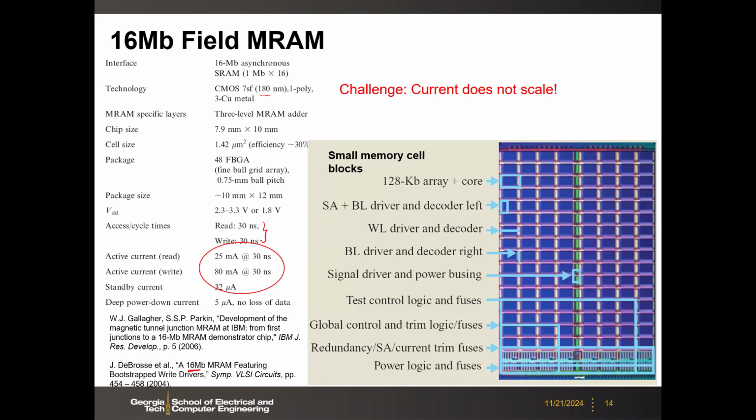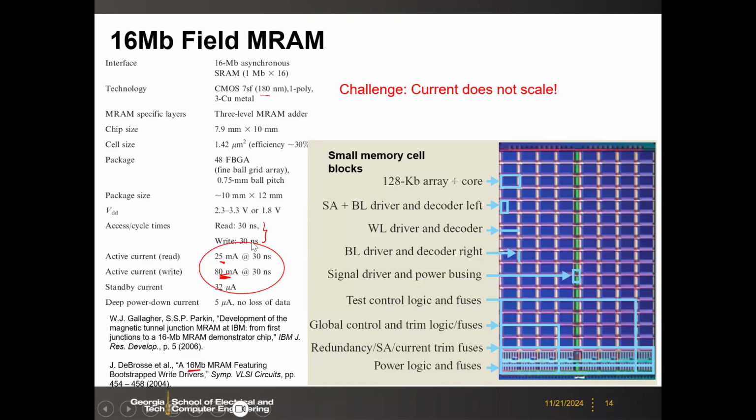But there is a key challenge here. You look at the write current, or even read currents. 80 milliamps for the write current. This is crazy, right? 80 milliamps, huge currents. Anything beyond a milliamp, from the integrated circuit point of view, is huge.